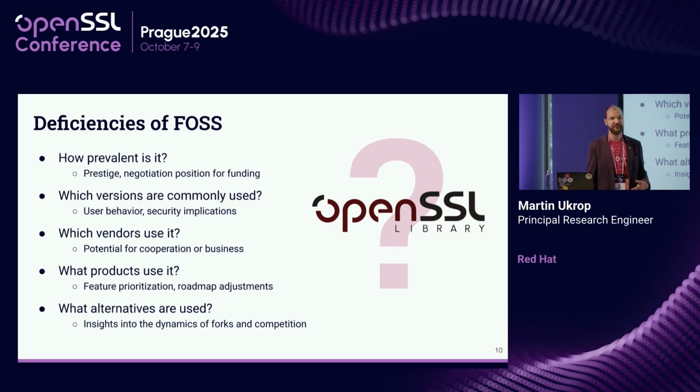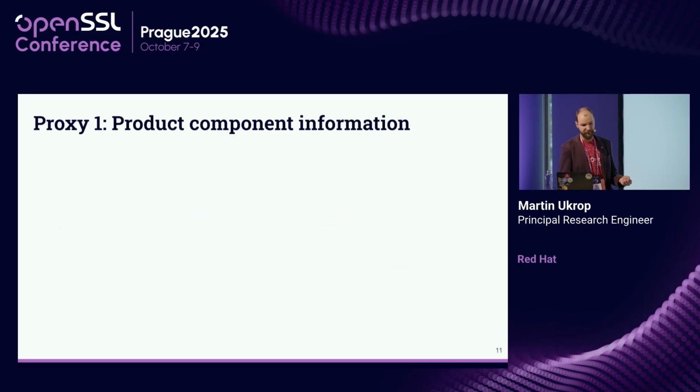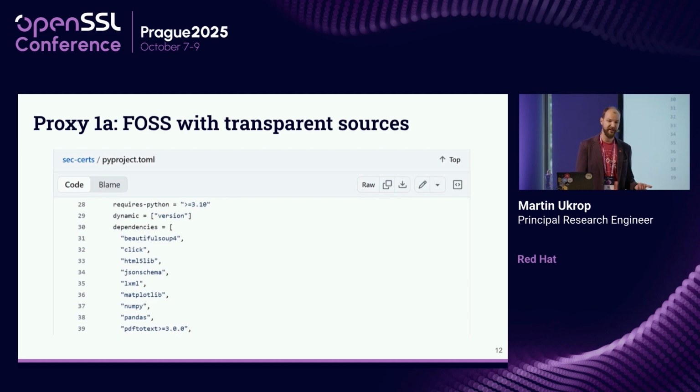There are proxies and side channels to get some basics of the statistics regarding these things, even if you are open source and free. One of the common proxies is product component information. This takes multiple forms, one of which is dependencies, because open source software cleanly comes with the dependency list in its repository. However, this is only relevant for open source software.